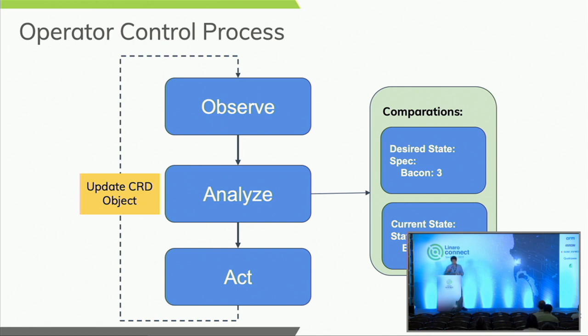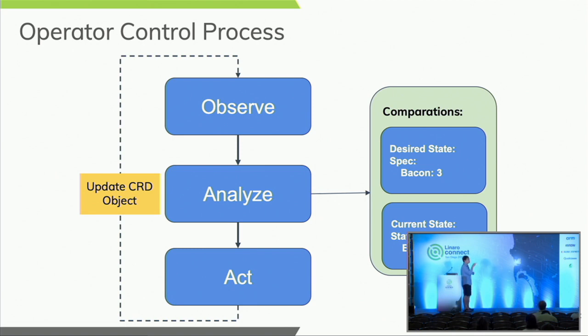So the operator will call the API of the bacon factory. It says that I still need to produce 2. So after that, the factory of the bacon will produce, maybe it will produce 1, and then it will update the CRD object.